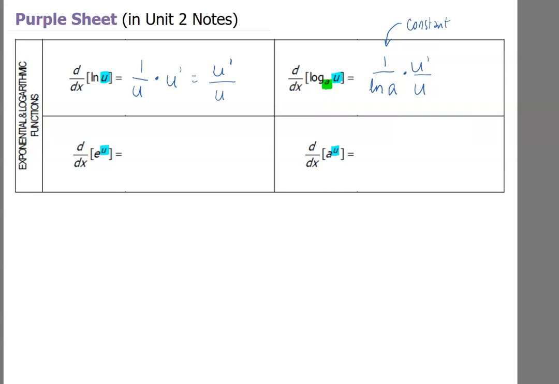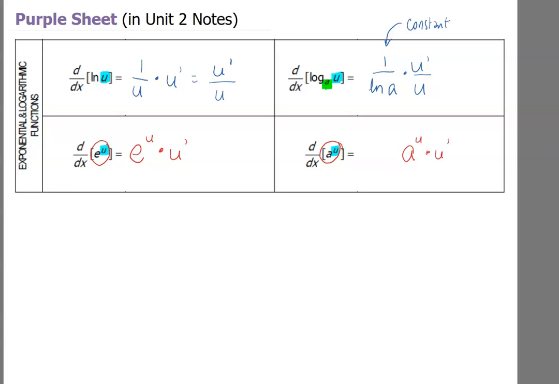And then for the exponentials that we started with today, for any exponential function, it shows up as part of its own derivative. The derivative of e to the u has an e to the u in it. The derivative of a to the u has an a to the u in it. We also have a fixer piece. Nothing new.